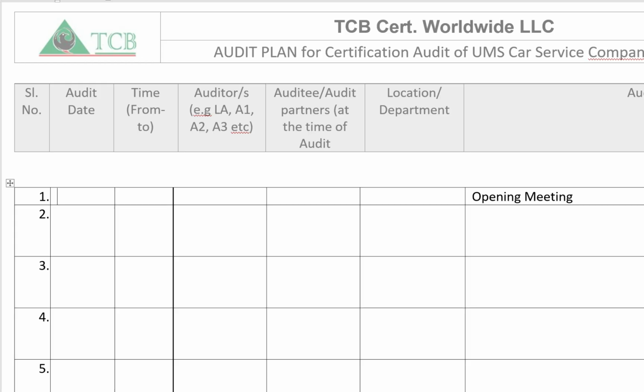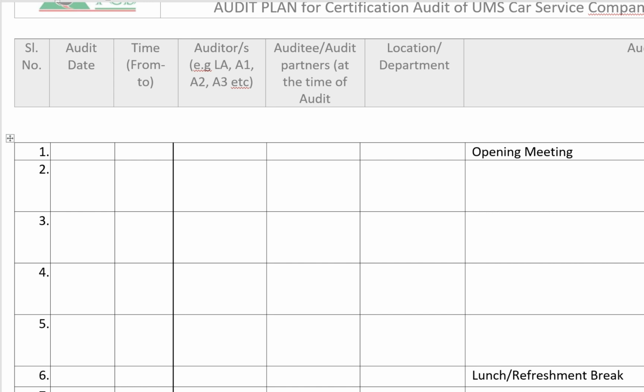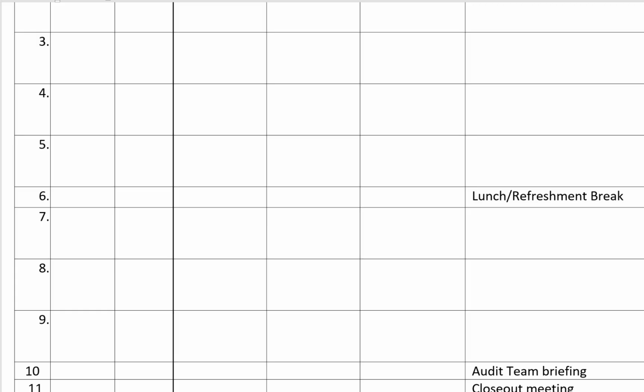You give approximately 15 minutes for the opening meeting, not more than 30 minutes in any case. Lunch and refreshment, 45 minutes to 1 hour, reasonably. Working lunch is fine. You can have a good dinner, but not a longer lunch that affects your audit time, which is basically 8 hours minus 1 hour for lunch. And there has to be some time for the auditor team briefing and the closeout meeting.